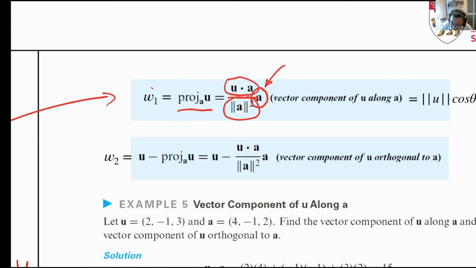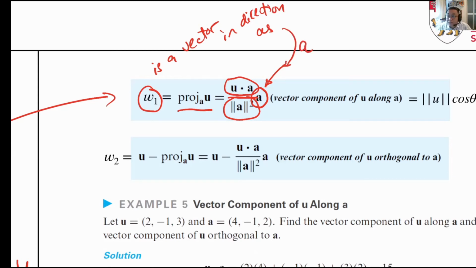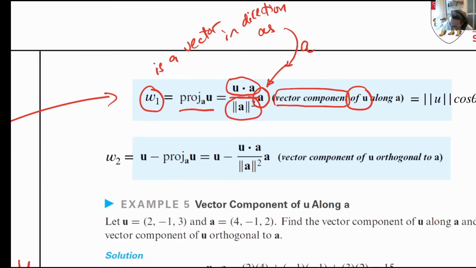We must always remember that w1 is a vector, and it is a vector in the same direction as A. It is different to A because it is the vector component of u. That means how large it is of u along A.